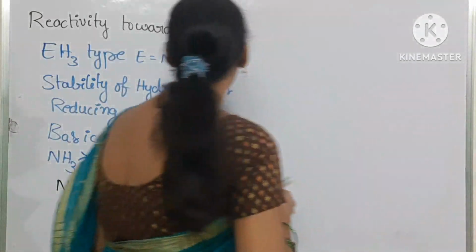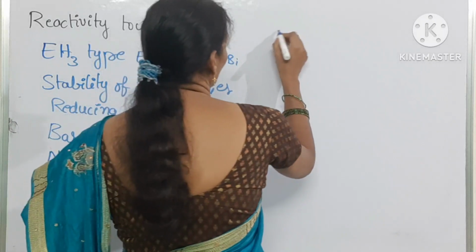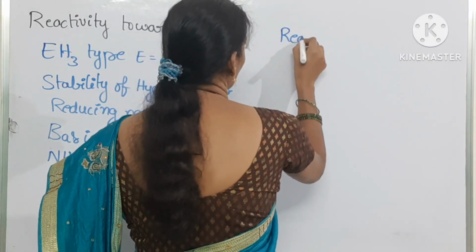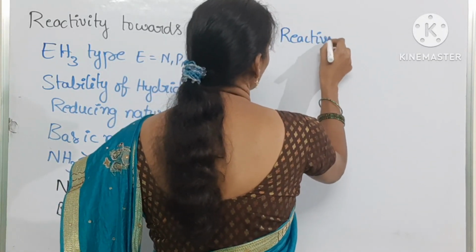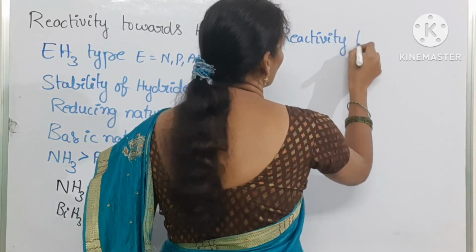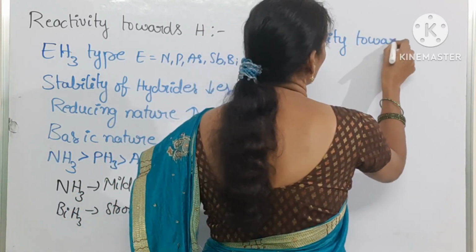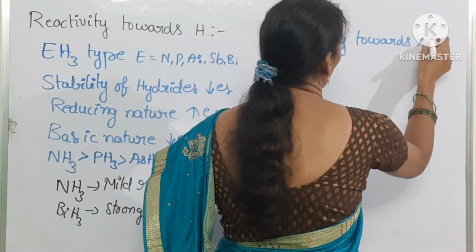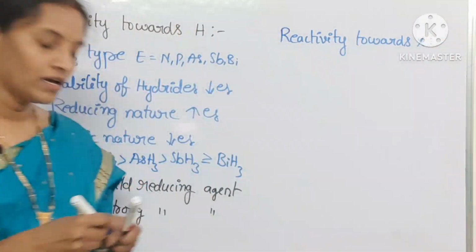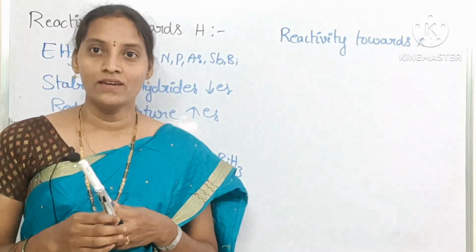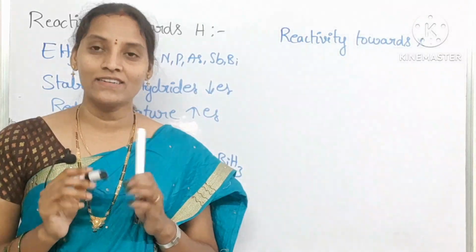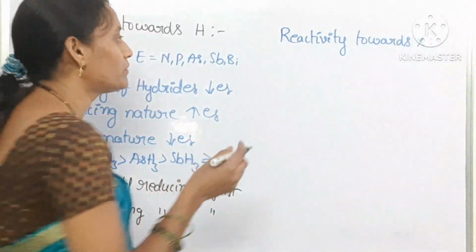Then coming to reactivity towards halogens. X means halogens. Here especially EX3 and EX5 type halides will be formed.